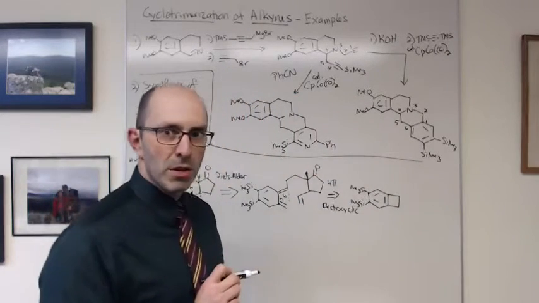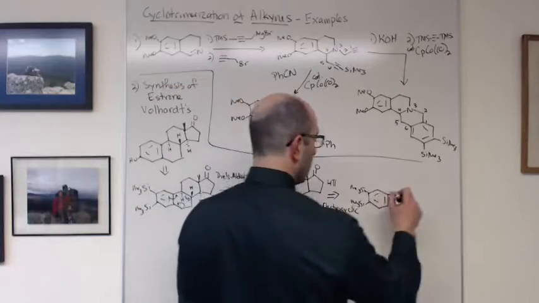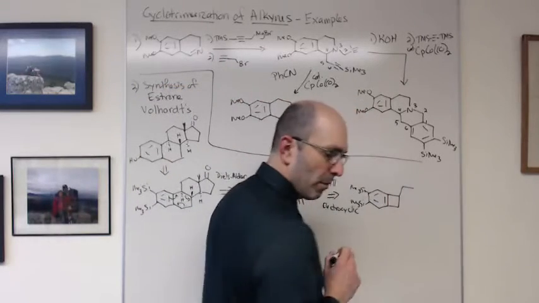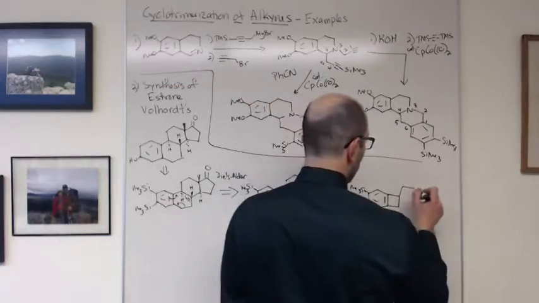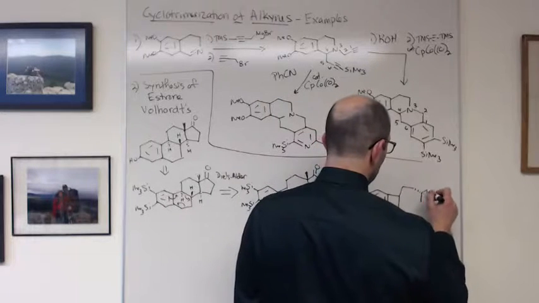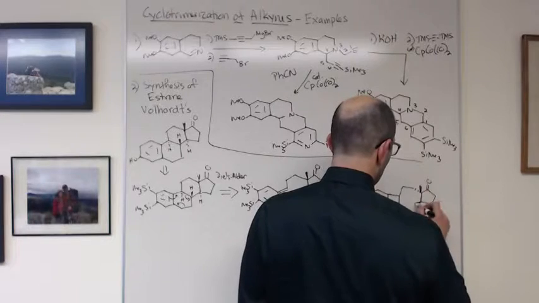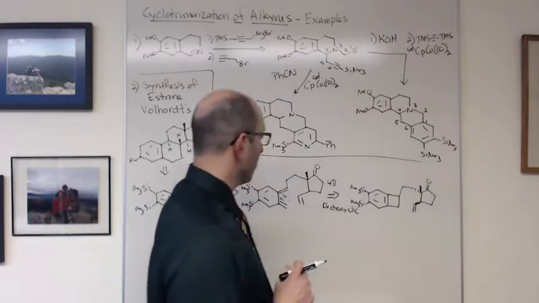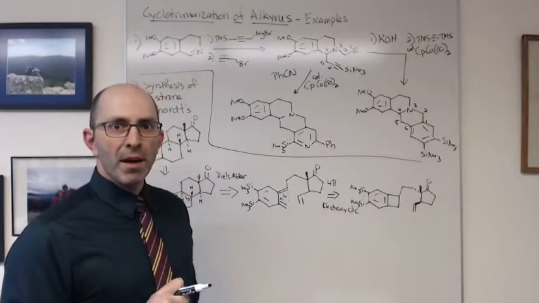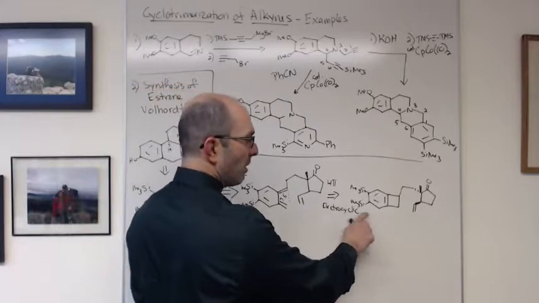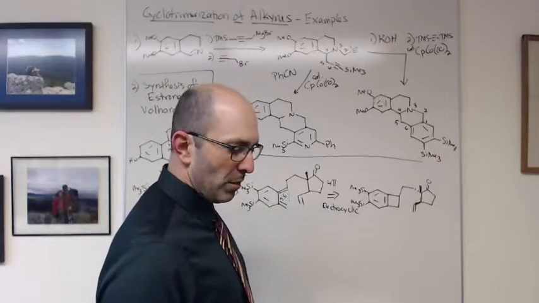And so that's the substrate that we're going to end up making in the cyclotrimerization reaction. The rest of the molecule looks like that. And so again, this is our key substrate for the cyclotrimerization reaction.